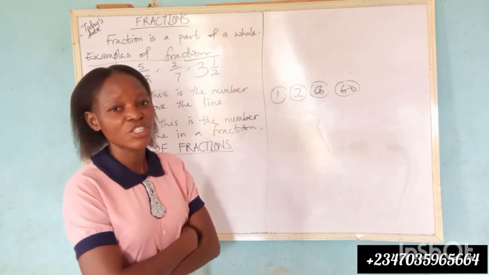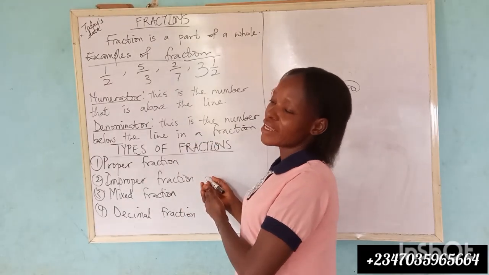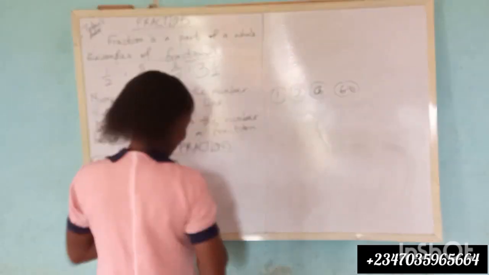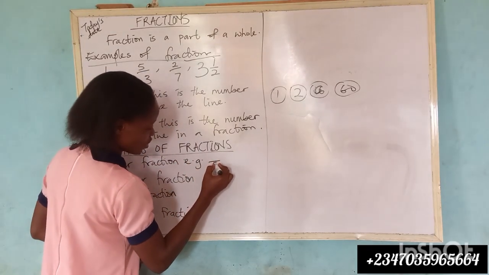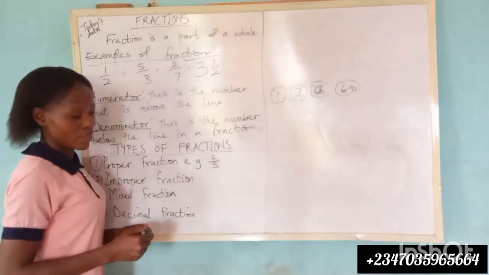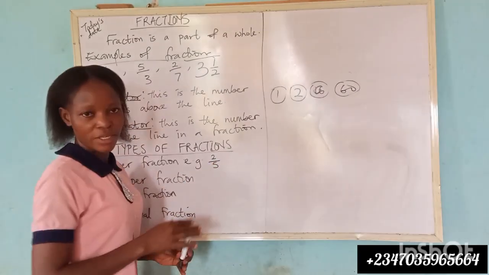So a proper fraction is where a big number is carrying a small number. This is okay.